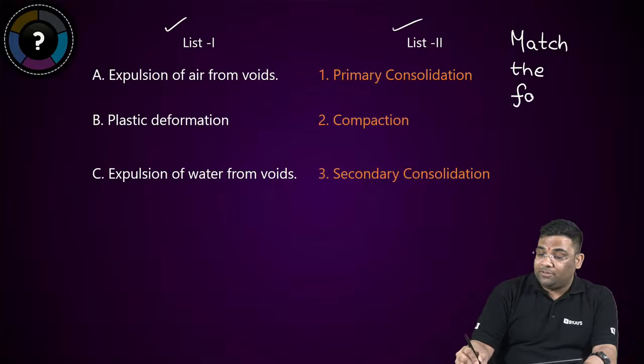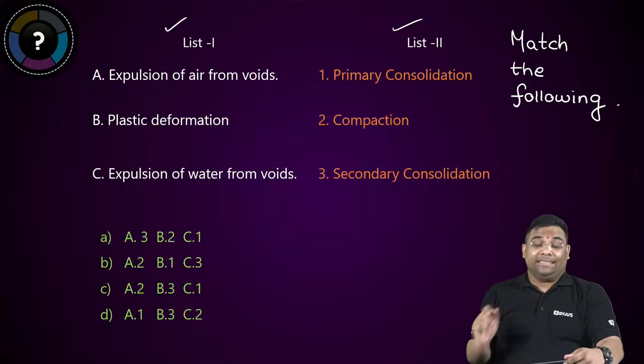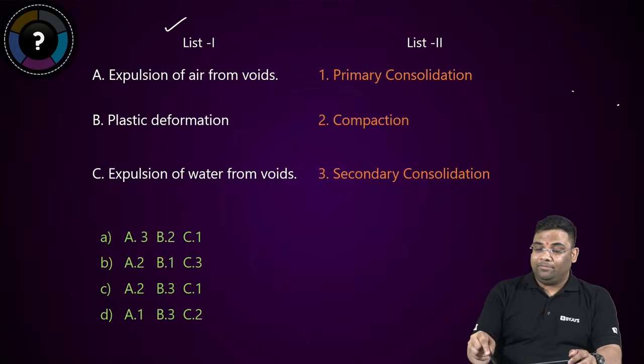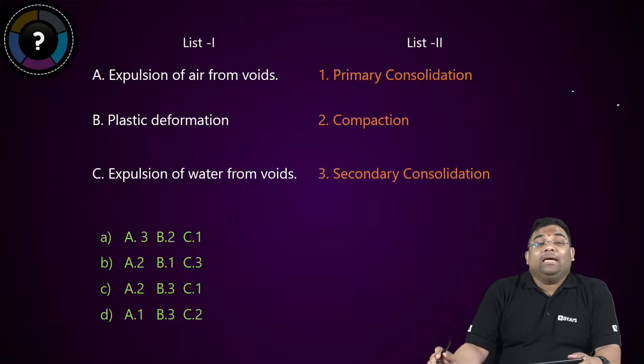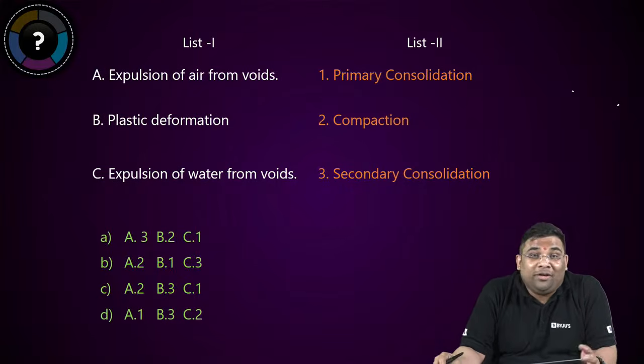I'm giving you the options. Now see the question carefully and give me the answer. Okay, these are the options. See the options carefully and give me the answer, okay? Come on. So I'm giving you some time. Take your time and give me the correct answer. I am seeing the comment section for your correct answers. So solve this.